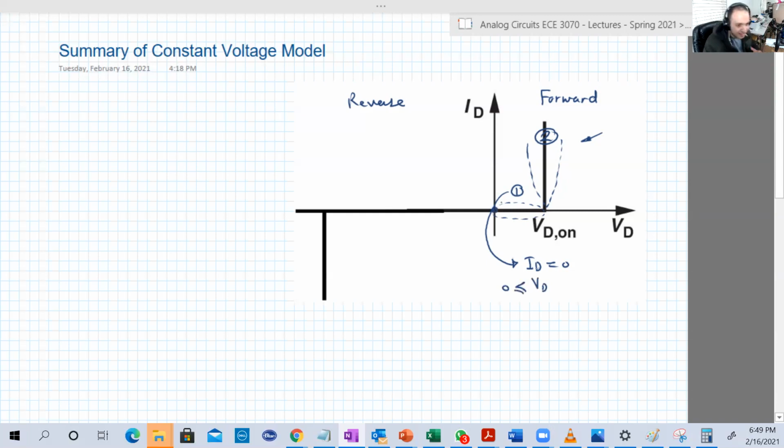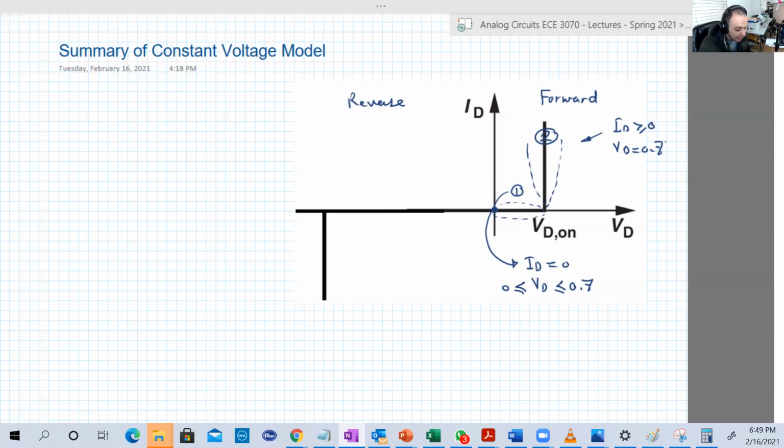Again, a transition point cannot be expressed as forward or reverse. And VD should be less than or equal to 0.7. In the second region, the current is greater than or equal to 0 and VD is constant, 0.7. Again, here one of the unknowns is known, which is the voltage now, and the analysis is done to find ID.